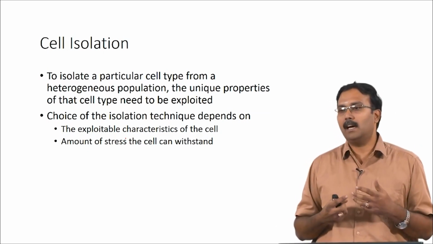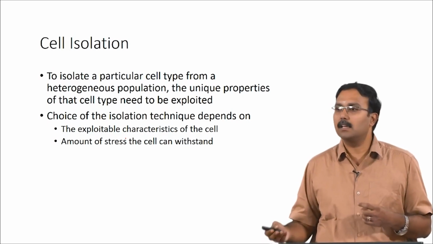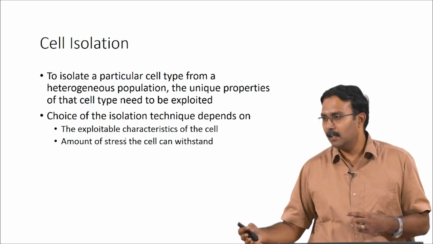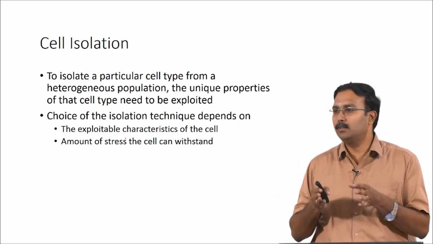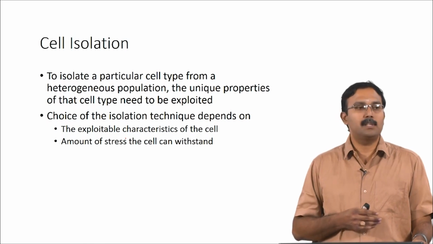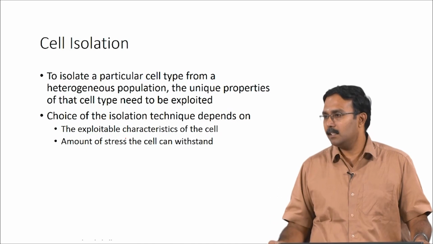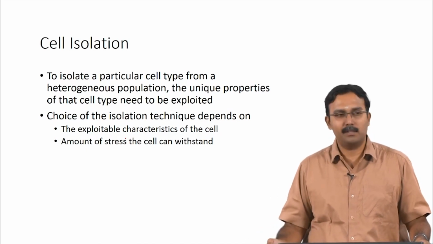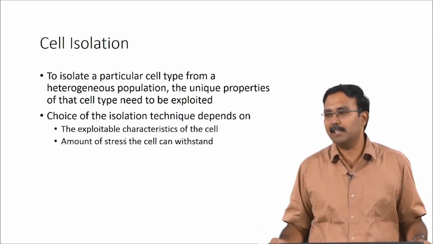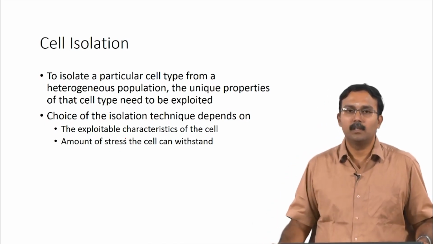So, you might have cells which can withstand certain pH or certain temperature or certain shear, and you can only choose techniques which can handle that. So, for example, if you are going to use something like a centrifugation technique, cells which cannot withstand shear cannot be separated using centrifugation. You are going to lyse too many cells, right. So, those are factors which you have to take into account.